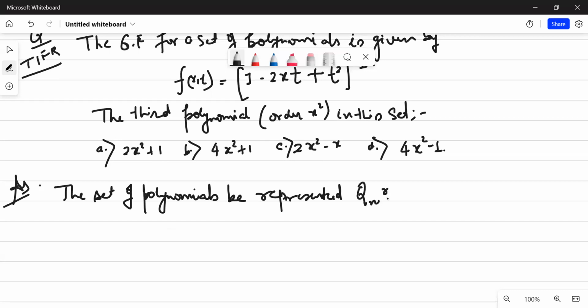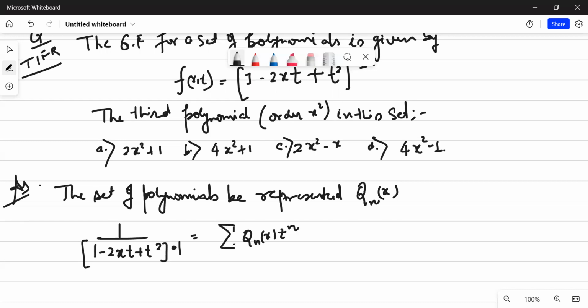Okay, so that implies 1 upon 1 minus 2xt plus t square is equal to the summation of Q_n(x) t raised to power n, from n equal to 0 to n equal to infinity.